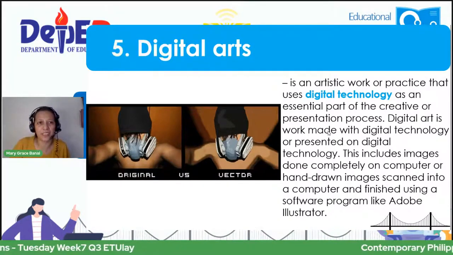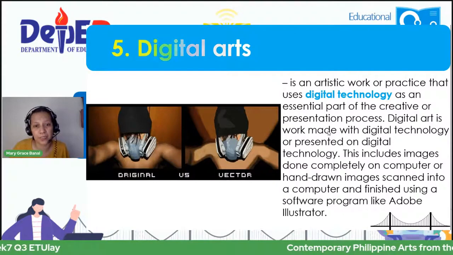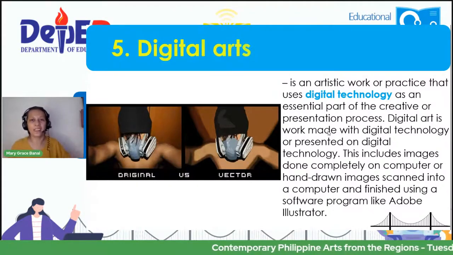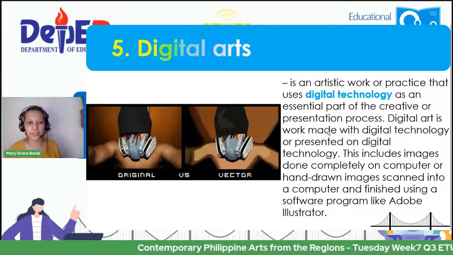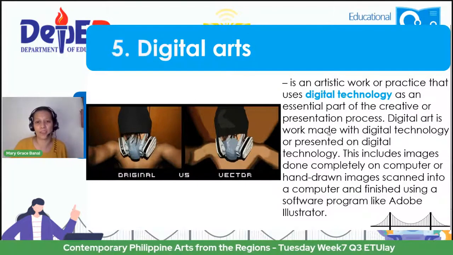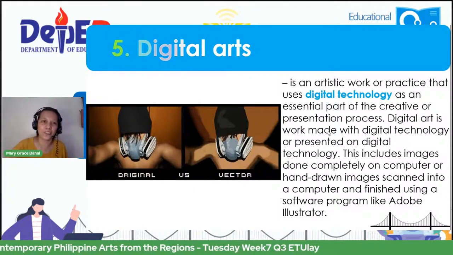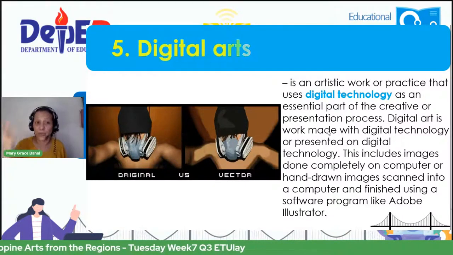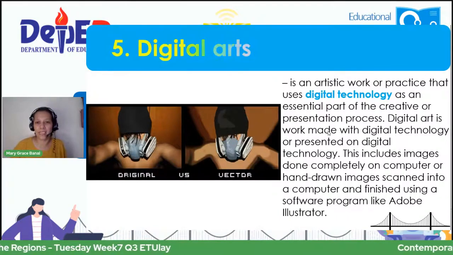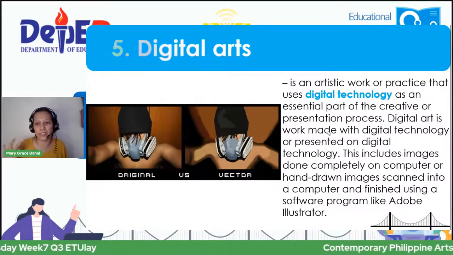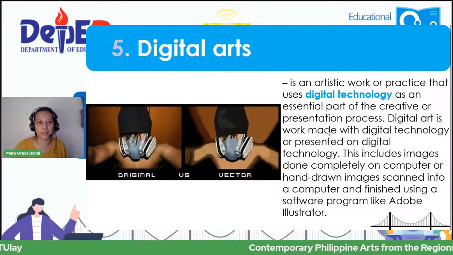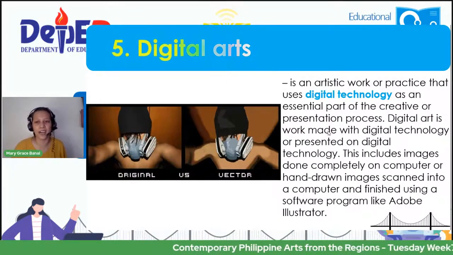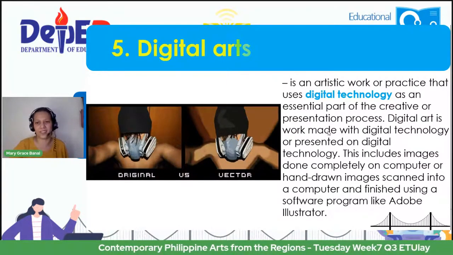Pwede rin naman mga digital art installations, yung sandamakmak na TV, then nag-perform sila ng isang image, okay? So that is also an example of digital technology. So anything that uses monitors, may manipulation ng photos or videos, even sounds, that is considered as digital arts. Okay?